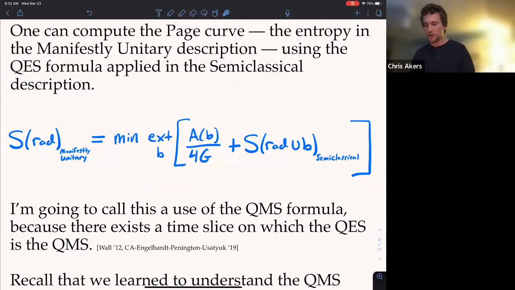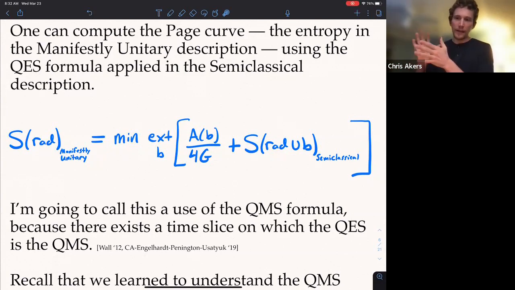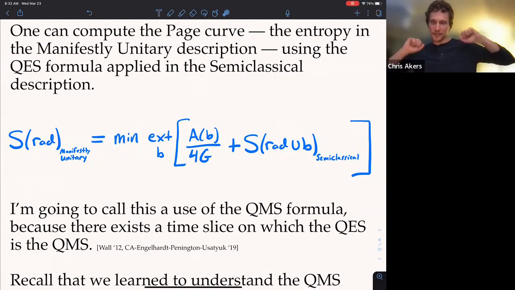And I'm actually going to call this a use of the QMS formula because there exists a time slice in which the quantum extremal surface is the quantum minimal surface. So if that didn't bother you, don't worry about it. But yeah, there are these results called the quantum maximin results, where you can specialize your quantum extremal surface calculation to a certain time slice, and then it looks like a quantum minimal surface calculation.